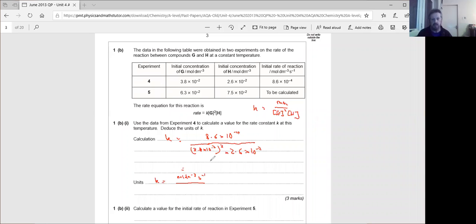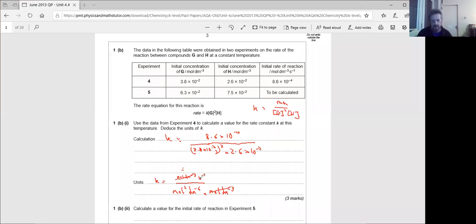Now, concentration is just moles per decimeter cubed, but it's squared. So what it's going to be is moles squared decimeters to the -6. That's just for this bit. This isn't squared, so that's just moles per decimeters cubed. Here we can do a bit of cancelling. We can cancel that moles per decimeter cubed with that one.